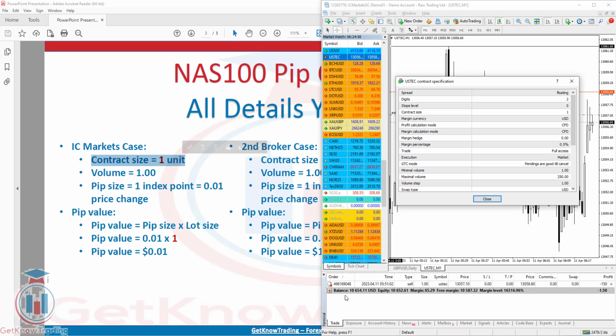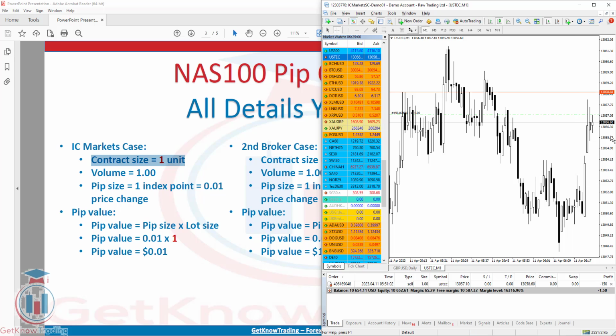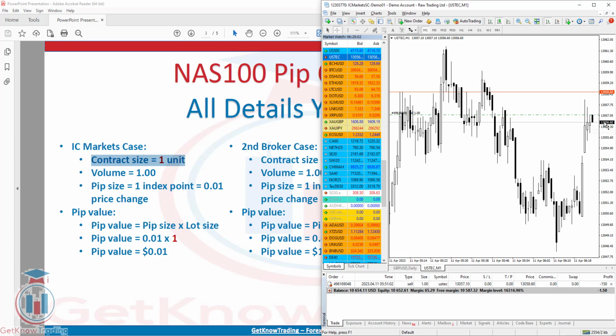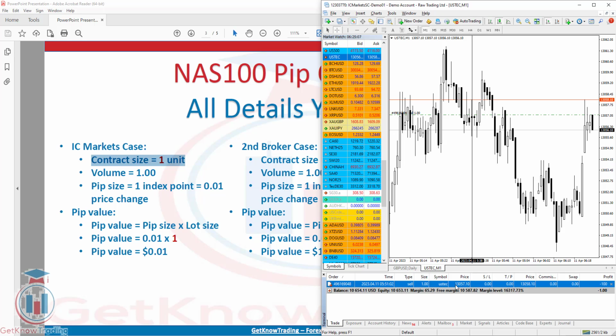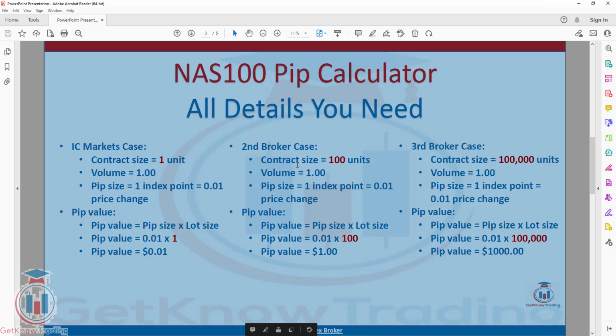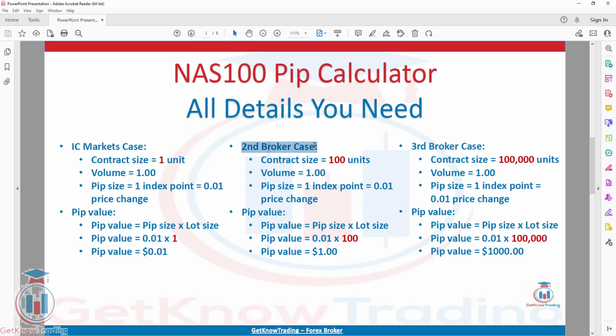What does that mean? It means when the price changes, for example, let's take this one, it is easier because it is a fixed number, 13057.10. When this price changes from 0.10 to 0.11, this will mean a 1 pip change and you would make $0.01.